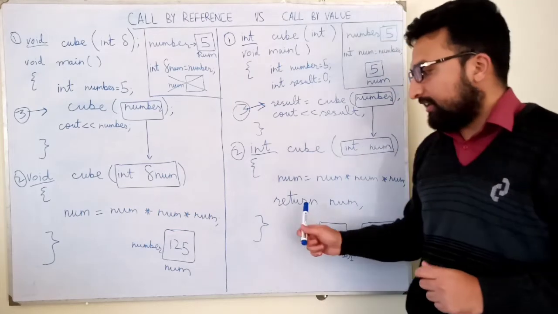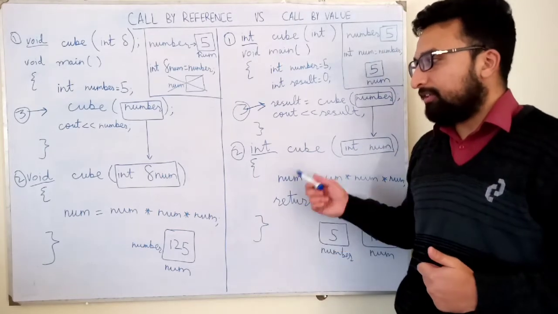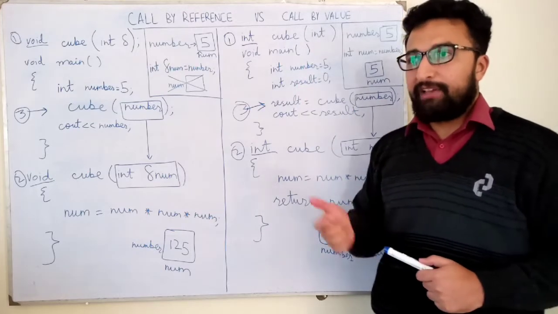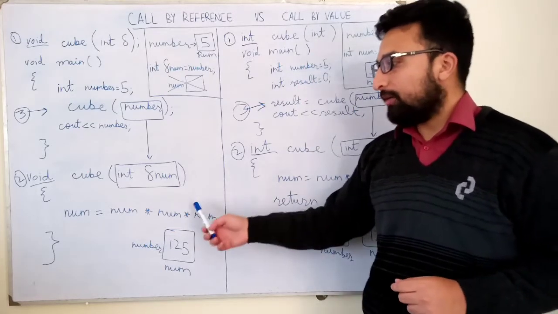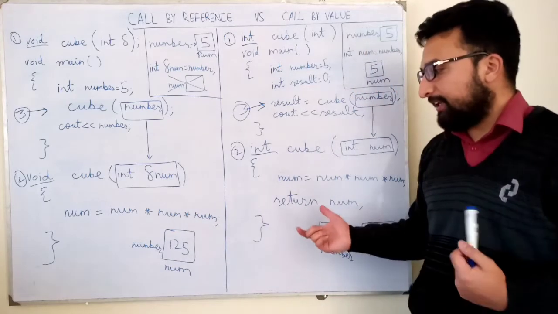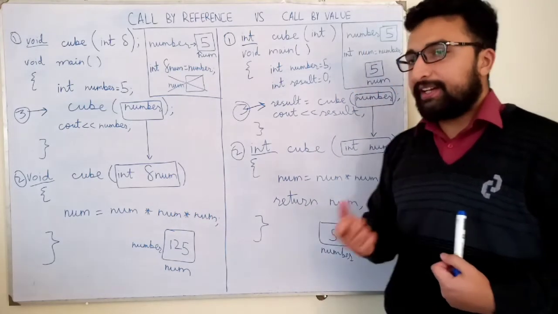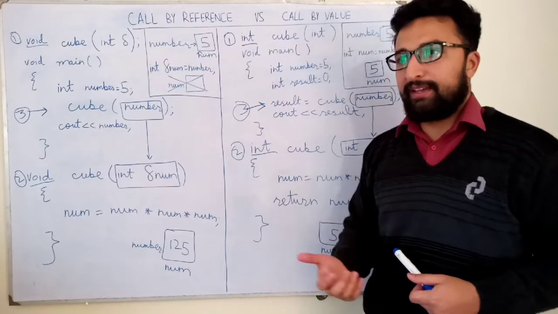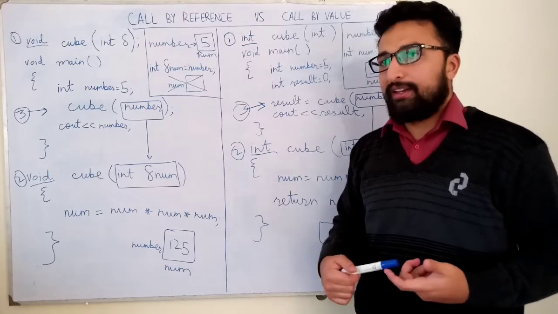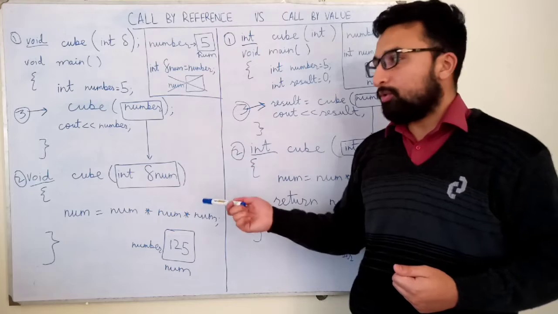We can only return one value from our function if we are doing call by value. However, when we are doing call by reference, we technically do not have to write the return statement, so we are in a way not limited in the number of values that we can return back.